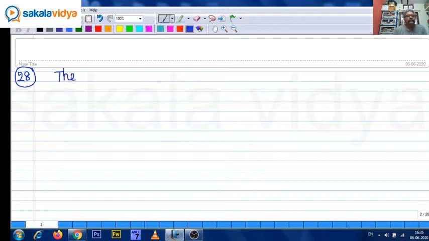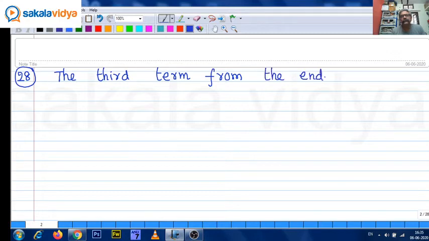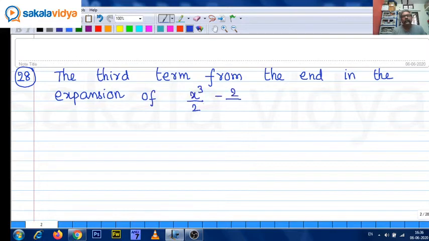Now 28th question. The third term from the end in the expansion of (x cube upon 2 minus 2 upon x square) whole to the power of 8 is.